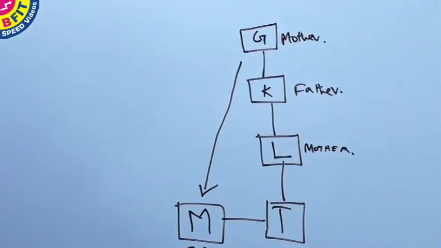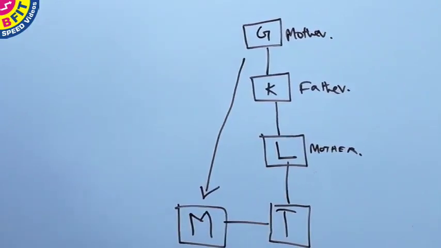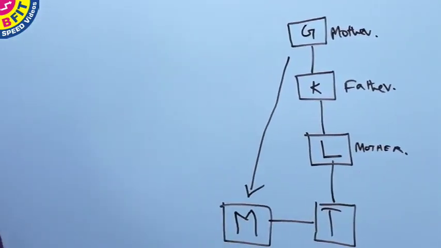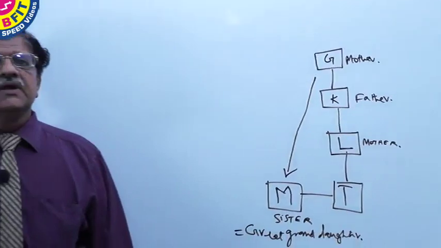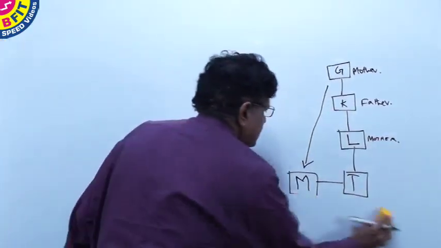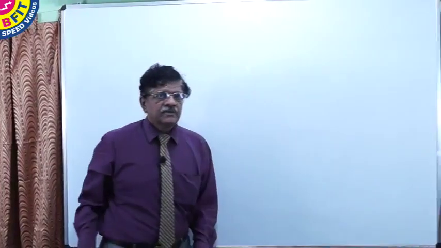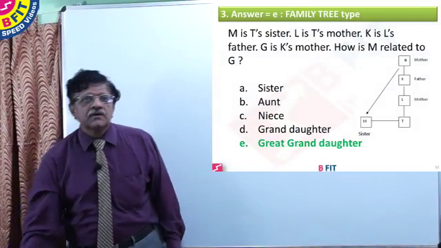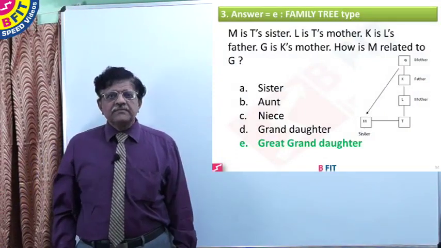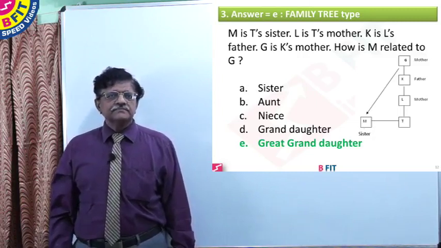Even though the question appeared to be very confusing at the beginning, we could very clearly and simply draw the family tree, and we drew the diagram and the arrow correctly, we got the answer correctly. So for question number 3, the correct answer is E, great granddaughter.